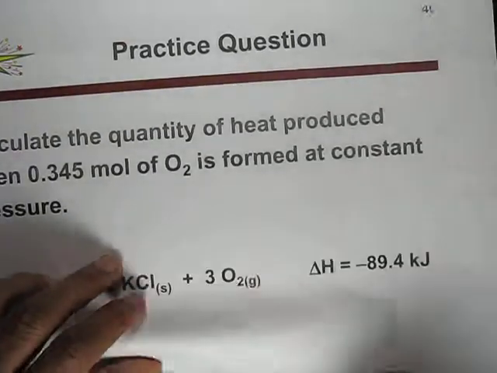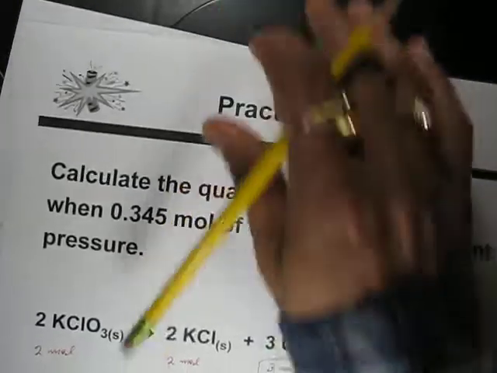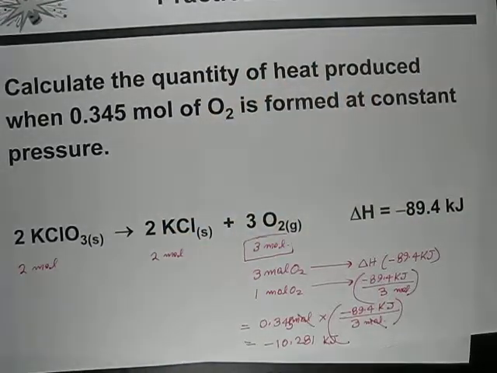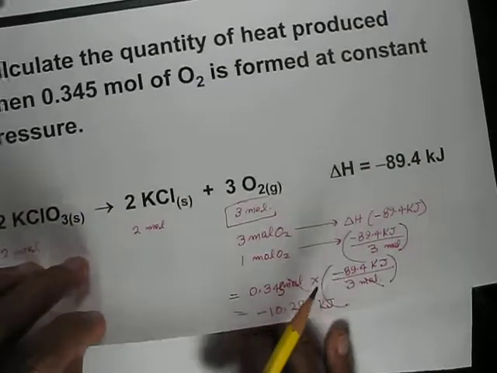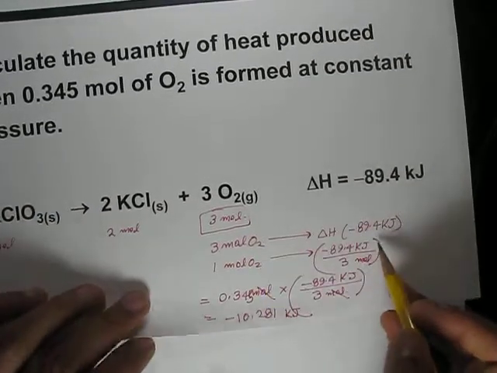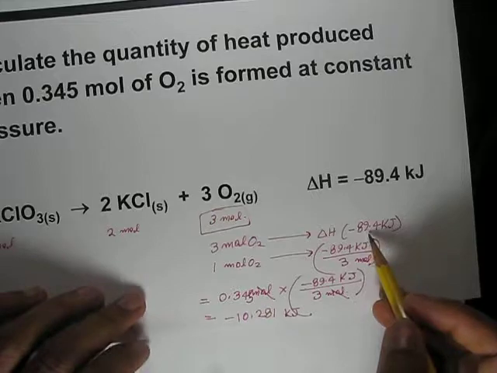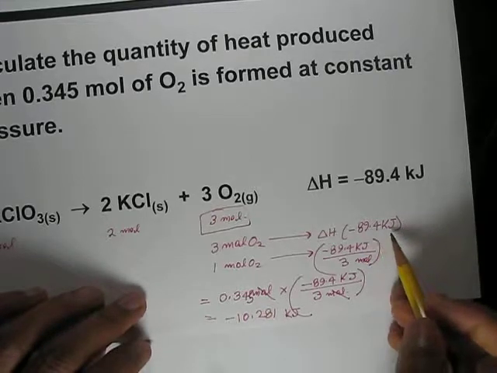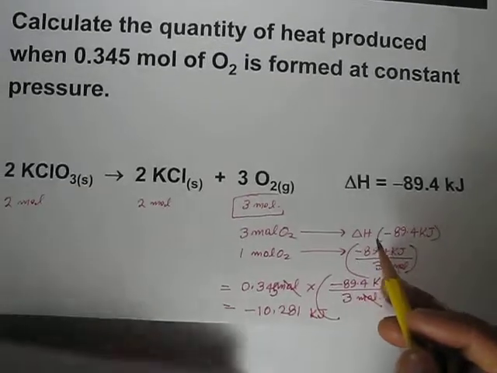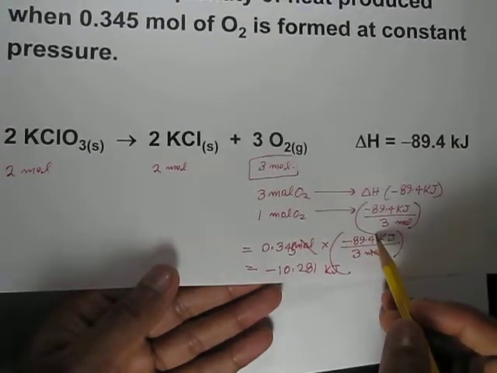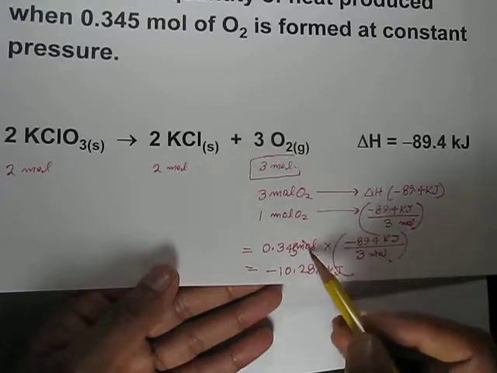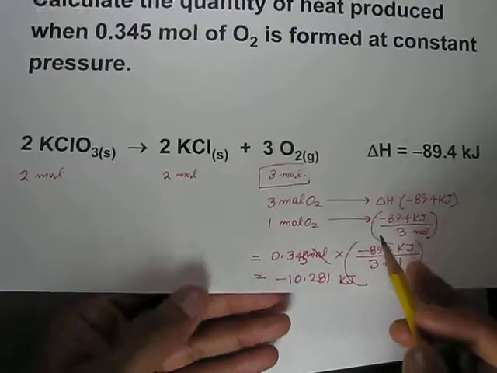Let's see how we can solve this question. This is basically very easy. We know that 3 moles will produce minus 89.4 kilojoule, and then we use the dimensional analysis way, desired unit on the top and given unit at the bottom.